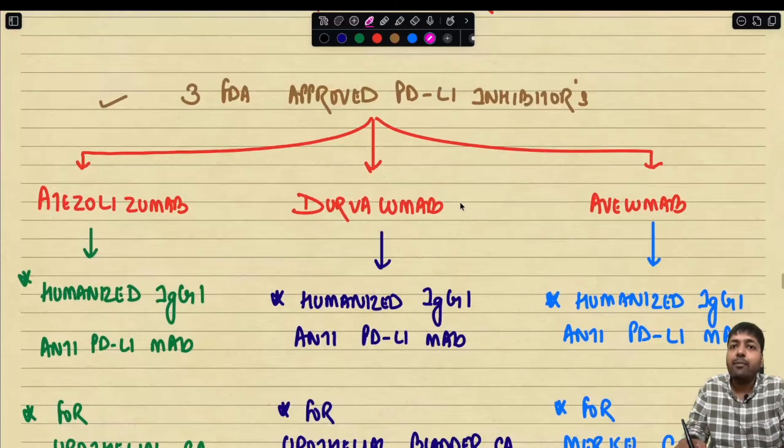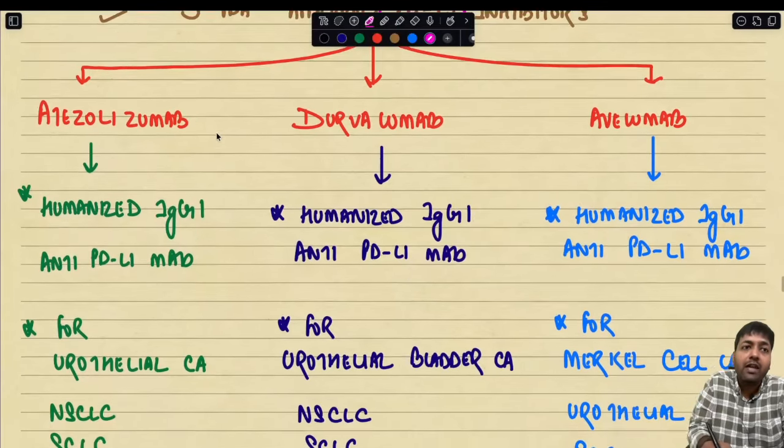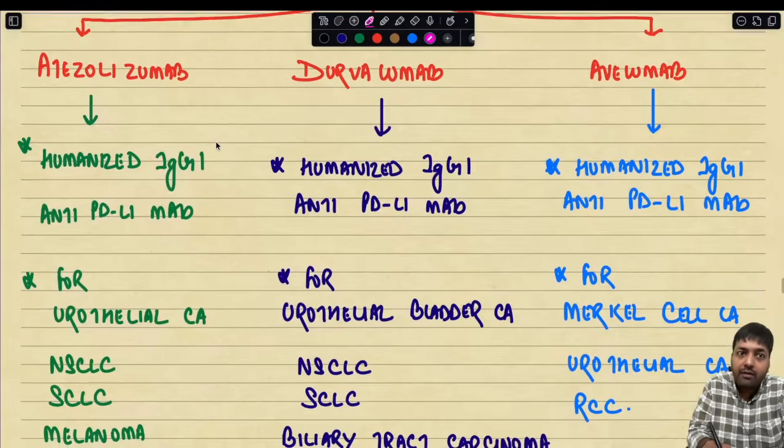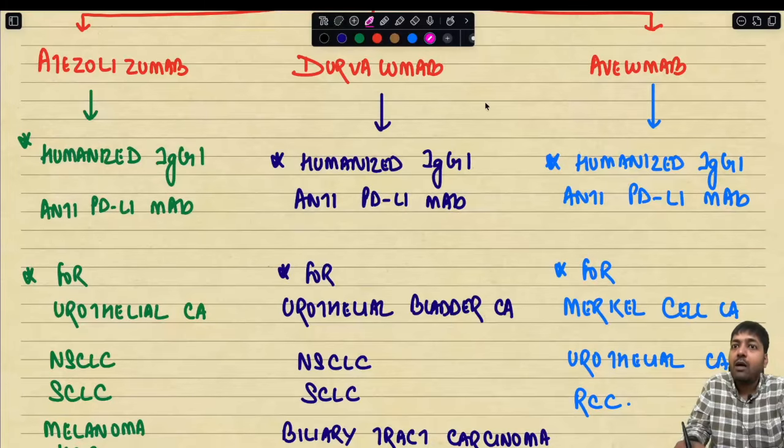Now the three FDA approved PD-L1 inhibitors include atezolizumab, durvalumab and avelumab.